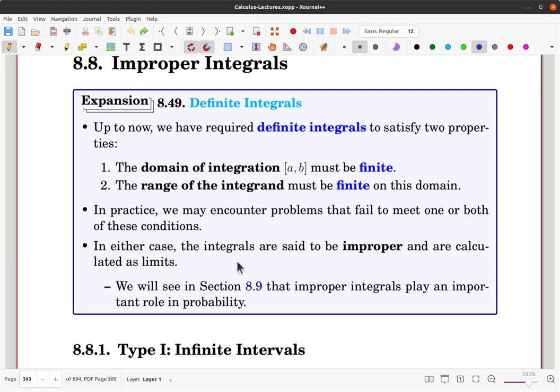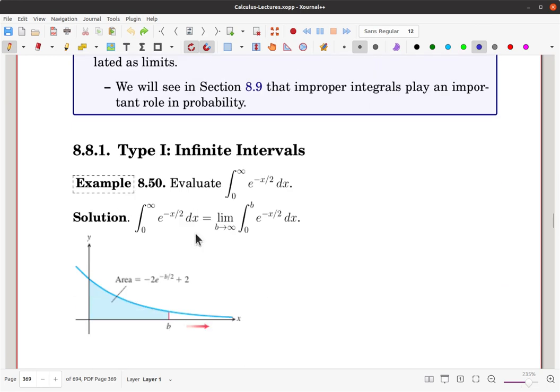In either case, the integrals are said to be improper and are calculated as limits. Let's see this first type of improper integrals, and that is along with infinite intervals.